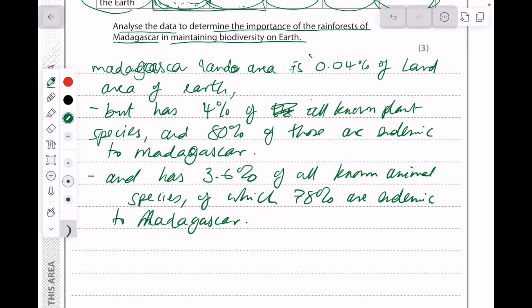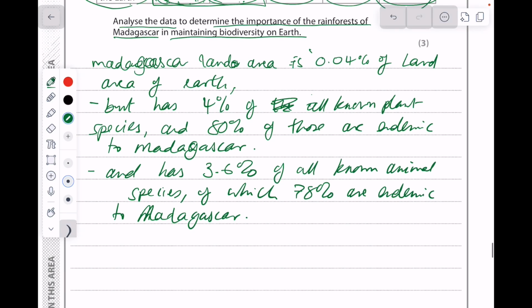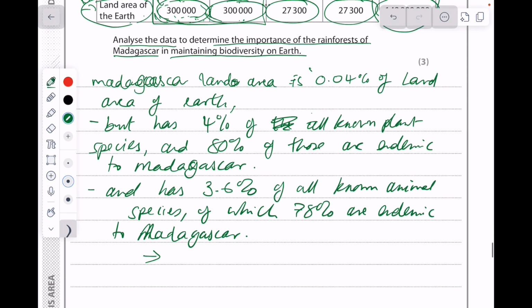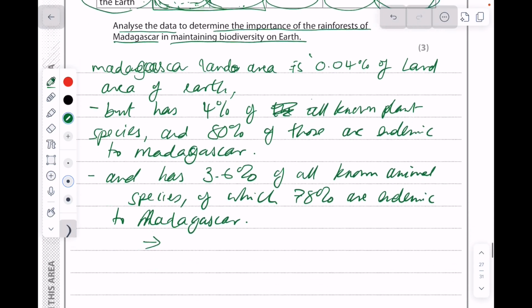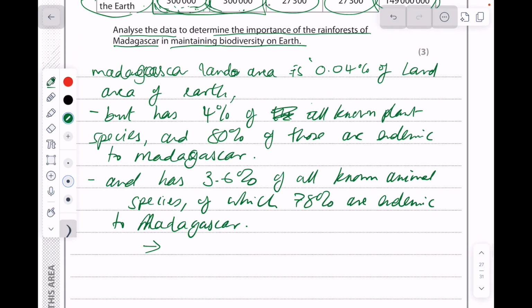Okay, so that's a bit descriptive. So maybe I will just, because sometimes just for describing the data, you can't really get the marks for that all the time. So you've got to make a judgment.